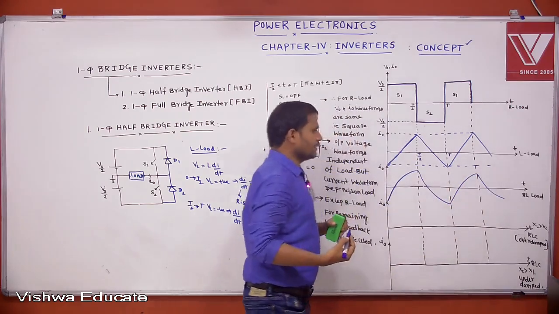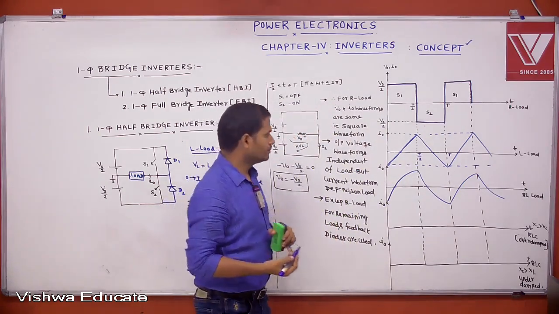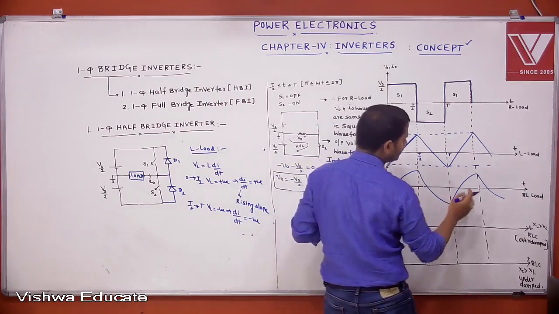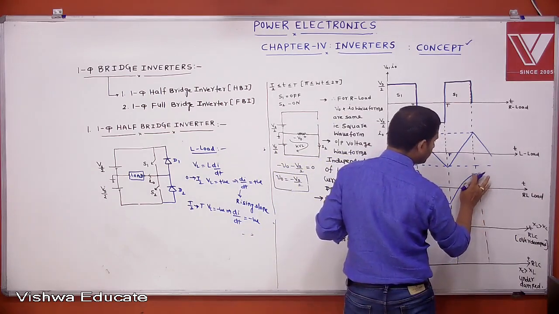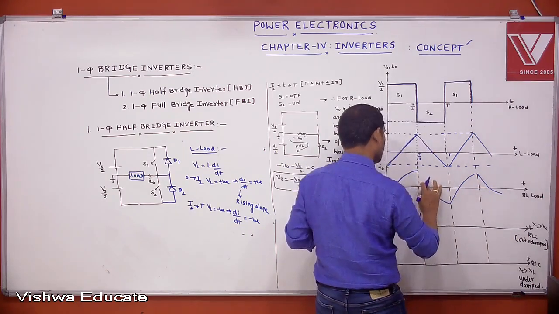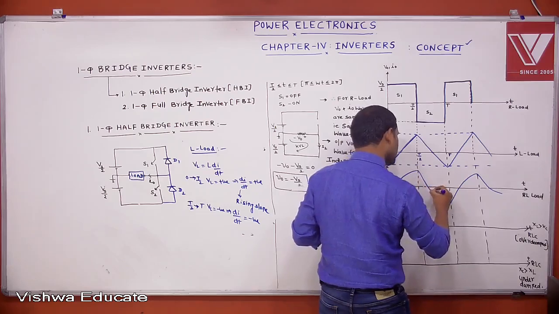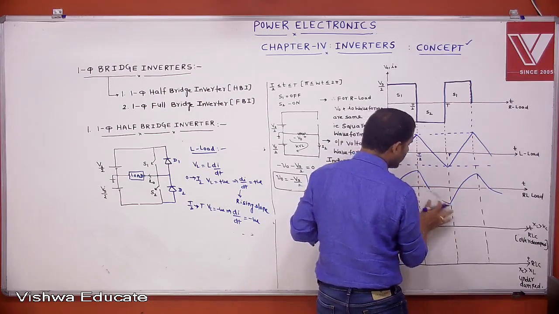This we get. Approximately we are trying. Clear? We don't get exactly sinusoidal, and we don't get exactly triangular.